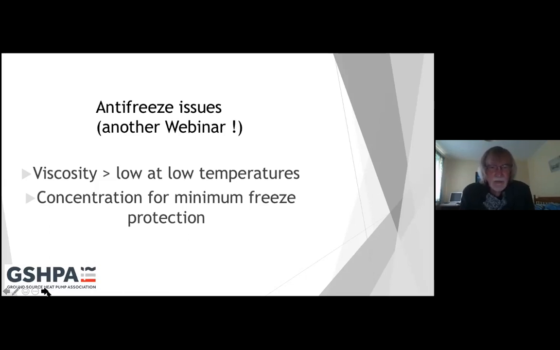So you want something that is not very gloopy and hard to pump. The concentration of that antifreeze or thermal transfer fluid is determined by what the heat pump manufacturer is asking for in terms of minimum freeze protection.